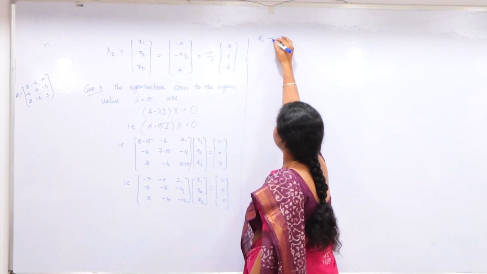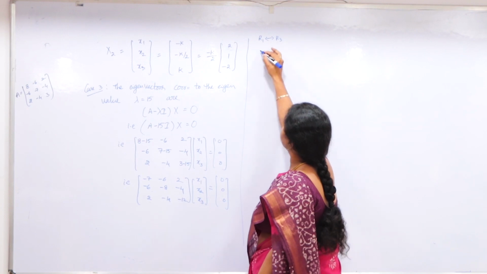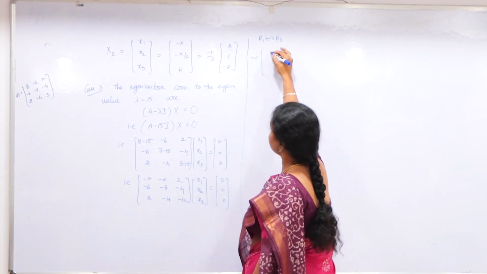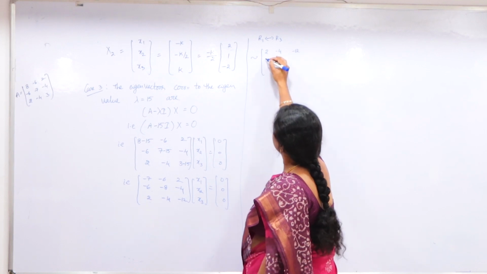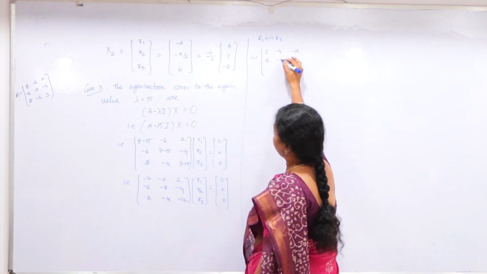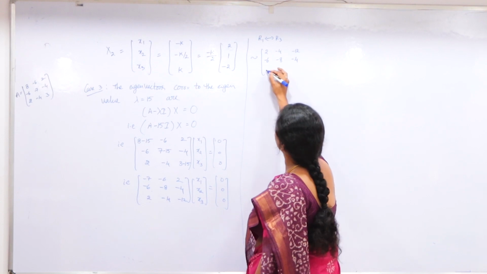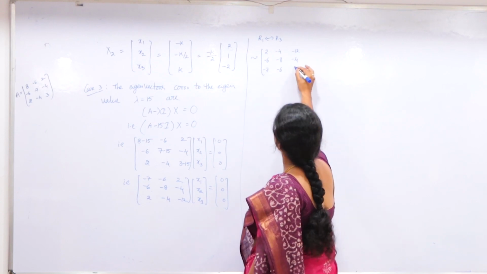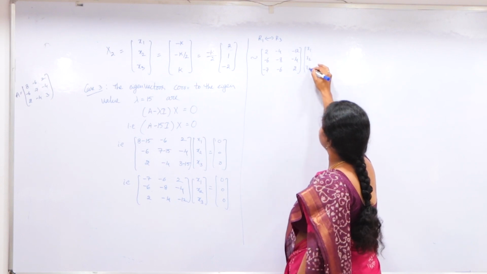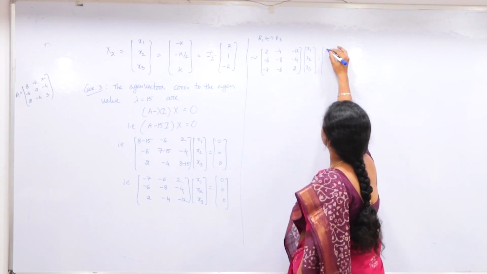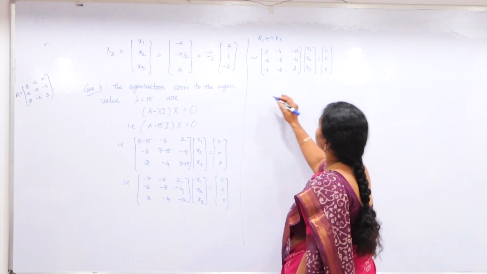First, interchange R1 and R3. Equivalent matrix is 2, minus 4, minus 12; minus 6, minus 8, minus 4; minus 7, minus 6, 2, into x1, x2, x3 equal to 0, 0, 0.